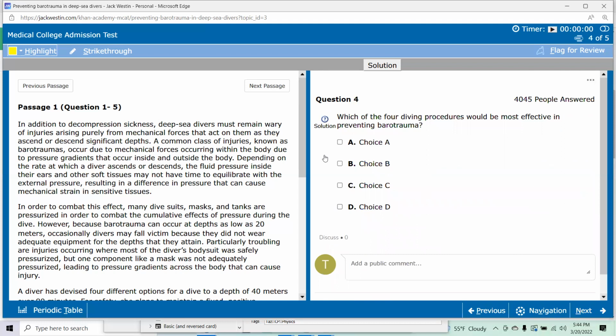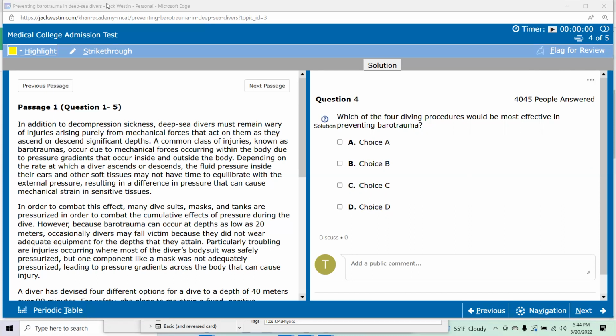Okay. Which of the 4 diving procedures would be most effective in preventing barotrauma? Now, obviously, we need to read the passage, right? But notice that we managed to get through like 2.5 questions without really reading the passage deeply. And there's a lot of passages where you can get away with that.